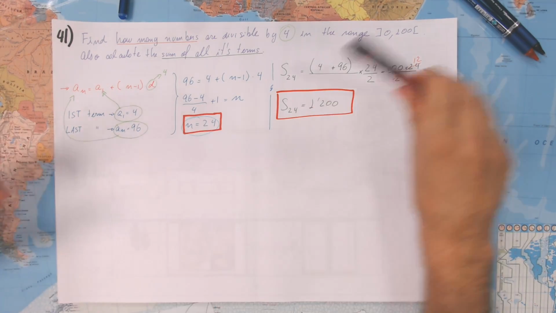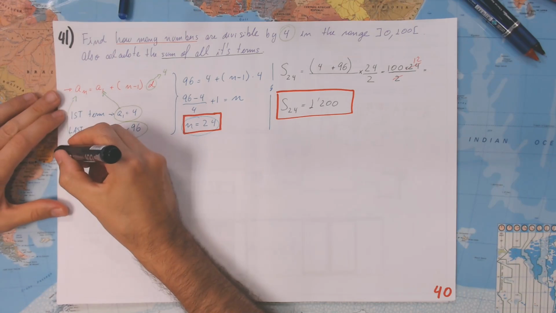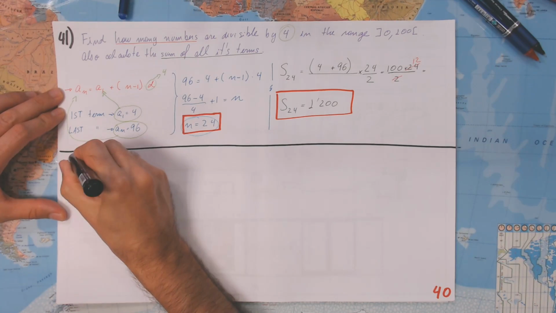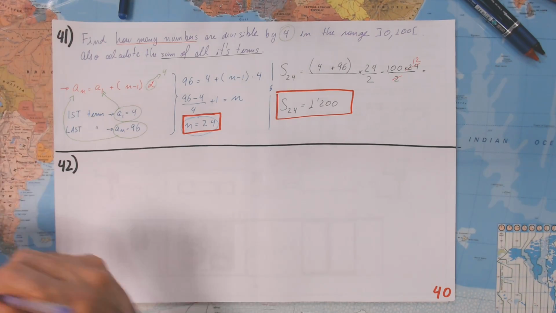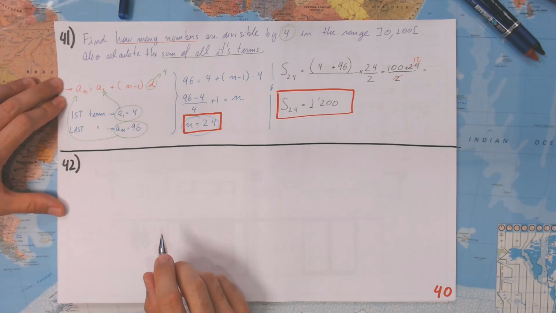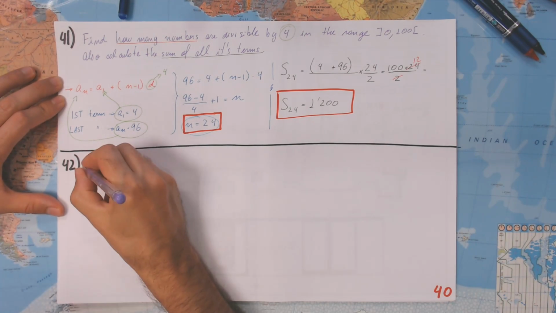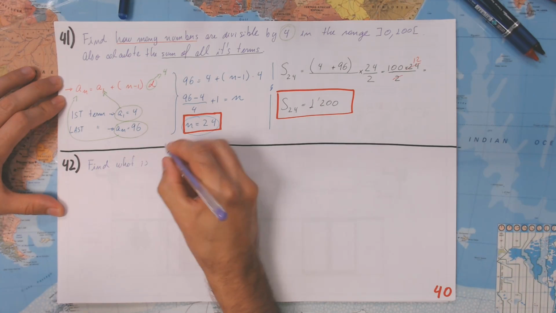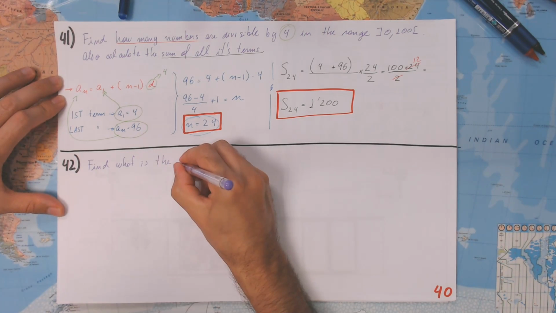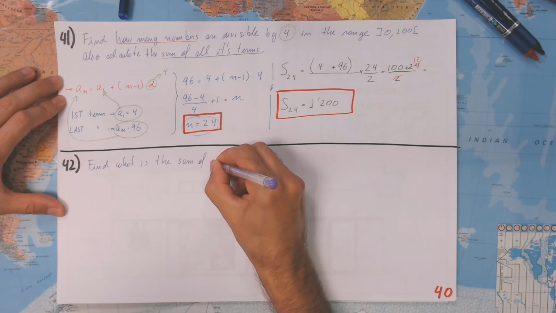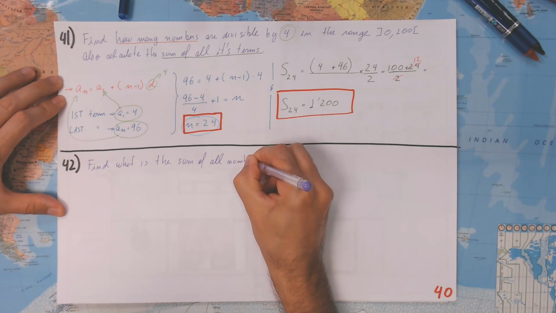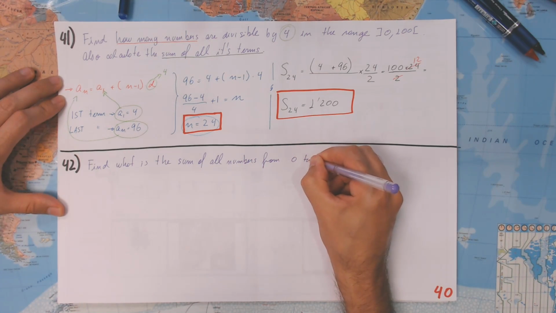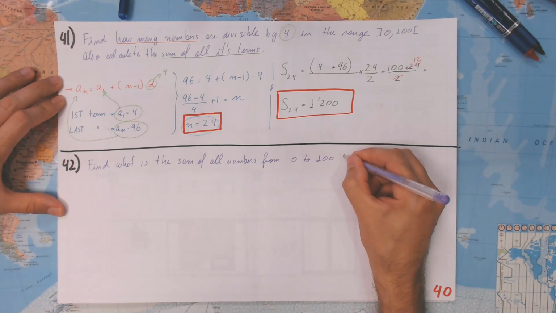Now let's suppose that I instead ask you, let's make it 42. Now what about if I ask you this? Find the sum of all numbers from 0 to 100 inclusive.